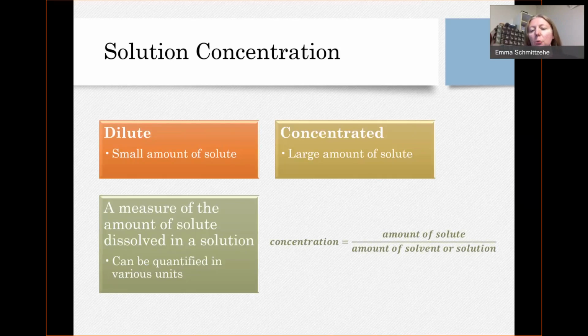It could be a ratio of the solute over the solution, so over the total, so how much of that thing that's being dissolved is in the total solution, or it could be the amount of that thing being dissolved in the solvent, okay? So it can be either way. Most commonly, the bottom number in that ratio that you calculate is the solution, so the total.